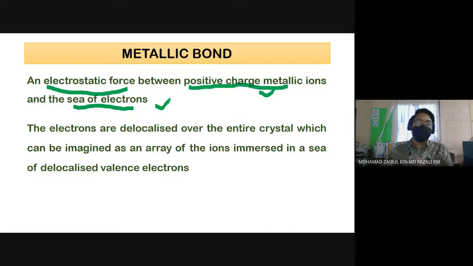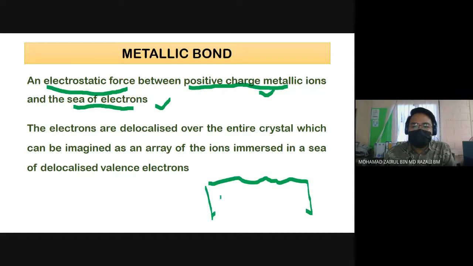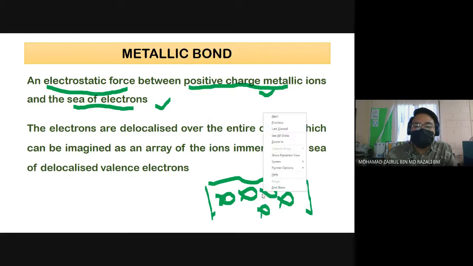Okay, awak boleh bayangkan metallic bond macam ni. Awak bayangkan ada satu lautan, ni laut. Awak boleh assume yang ikan ni, ikan kan bergerak dalam laut. So awak boleh assume ikan ini adalah kita punya elektron.